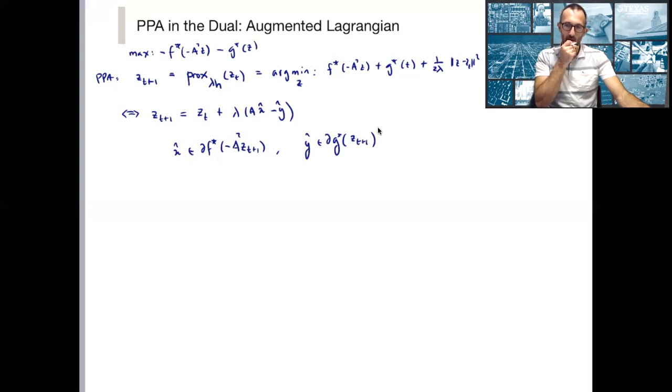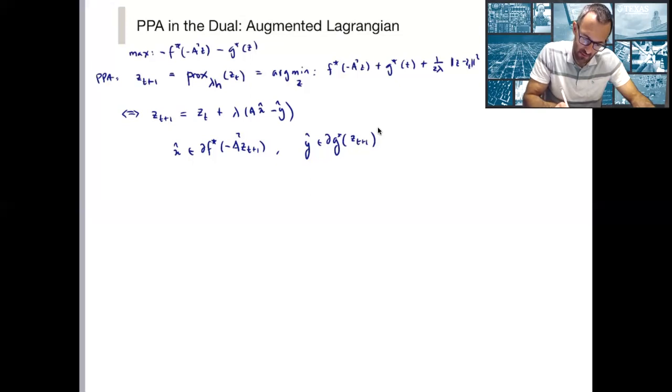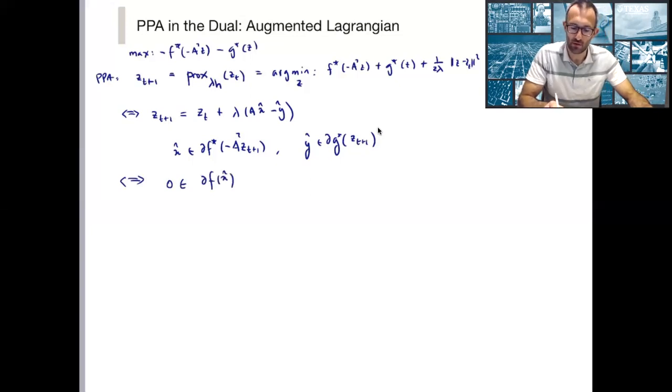Okay, so now let's take one step. Let's use our properties of Fenchel duality, the subdifferentials being inverses of each other. So this is the same as writing that 0 is an element of the subdifferential of f at x hat plus A transpose z_{t+1}, doing a couple of steps together: I'm taking the inverse here and also moving everything over onto the right.